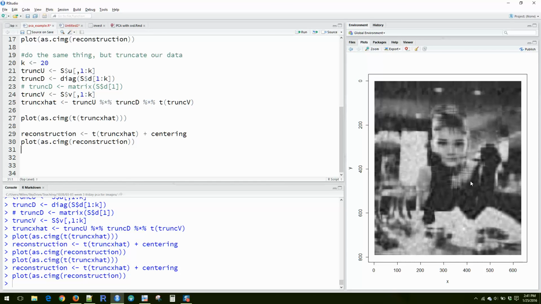JPEG uses wavelet transformations and PNG uses something else. I think somebody tried to do image compression with PCA, but it didn't catch on. Why is it not good, or does it have other inefficiency? I don't know. Okay.